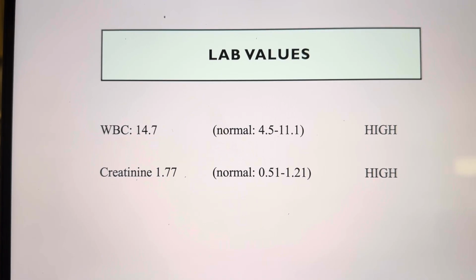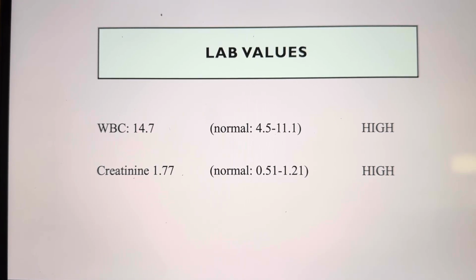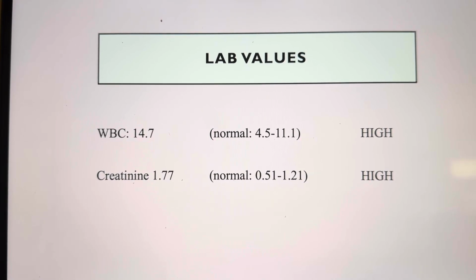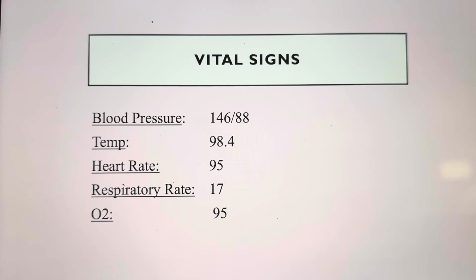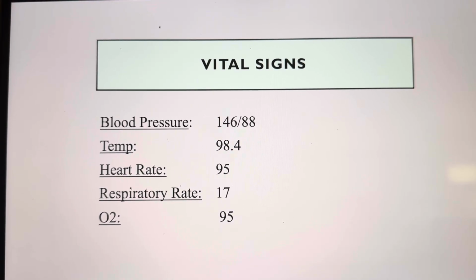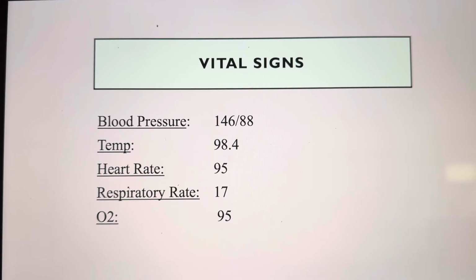Another one is his creatinine level, which is also high, showing that his kidneys are not functioning properly and that there is injury to them. The patient's vital signs were relatively normal and stable, except for his blood pressure, but this is normal for this patient.